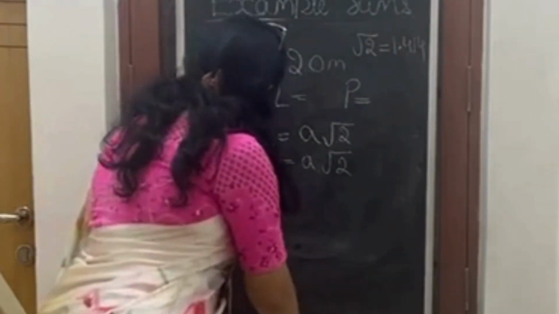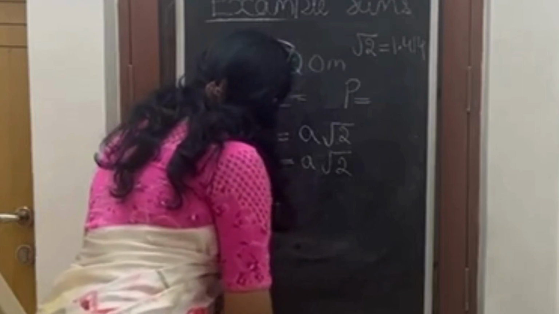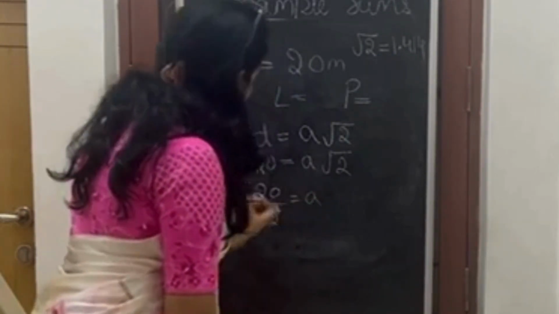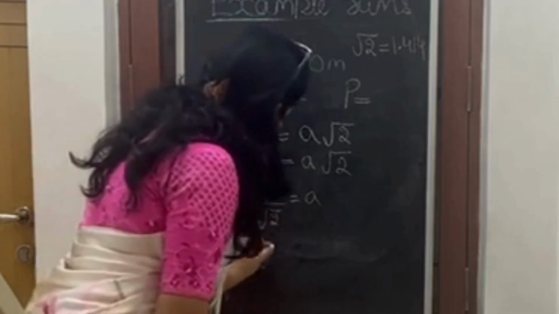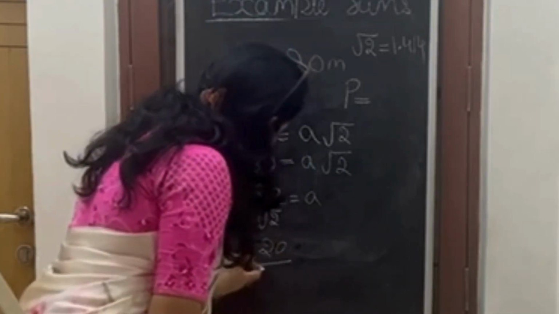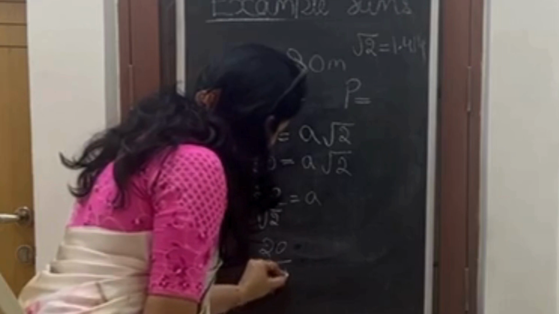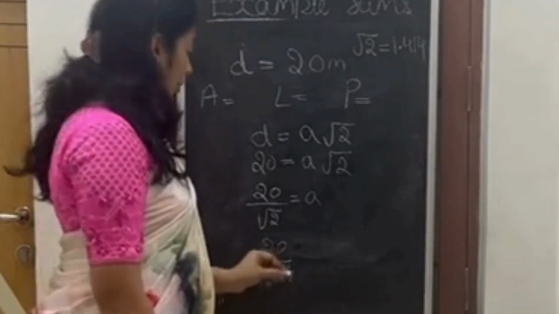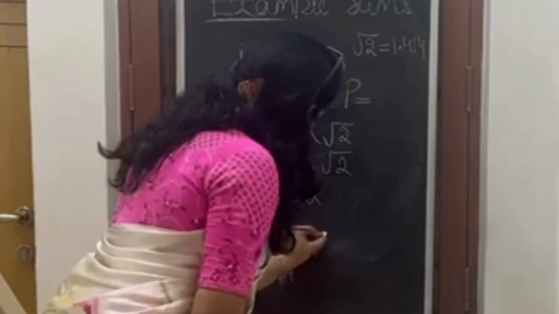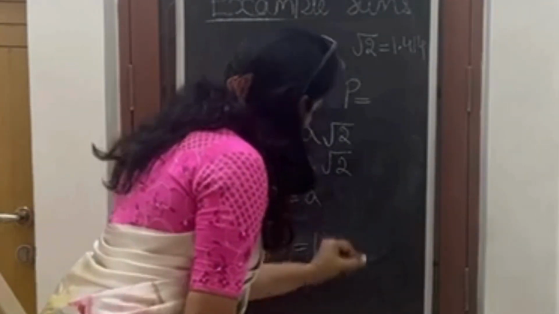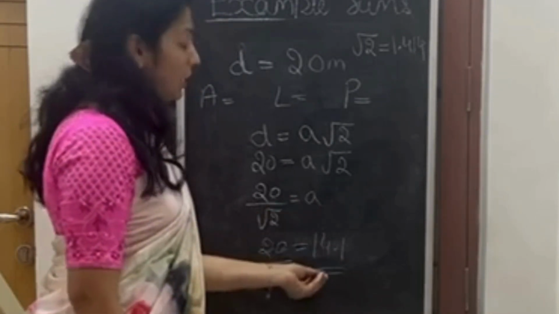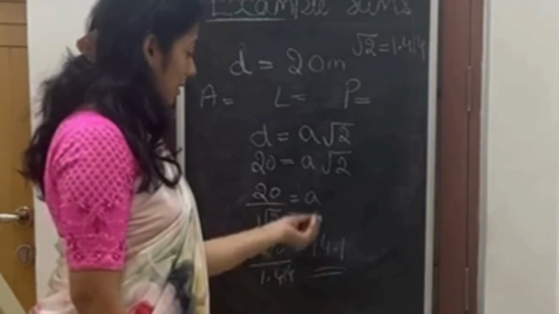So 20 by square root 2 equals a. Now that will be 20 divided by 1.414. When I divide this, I get 14.1. So this is my side.